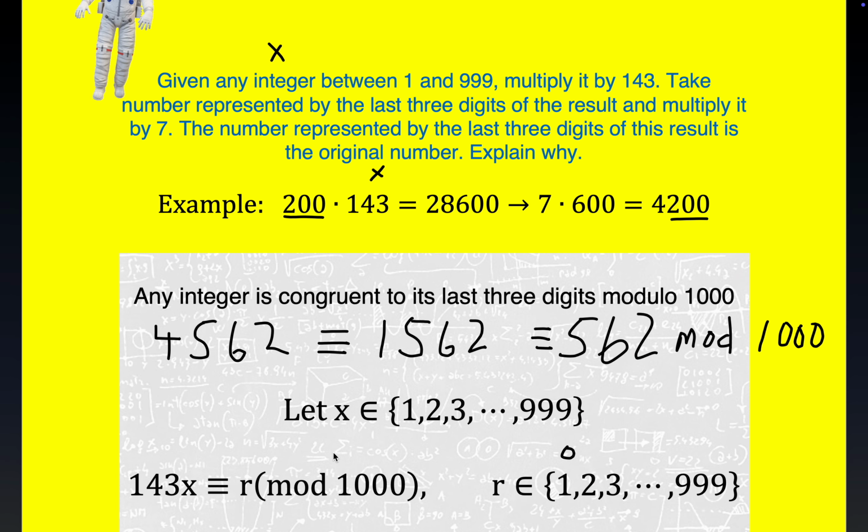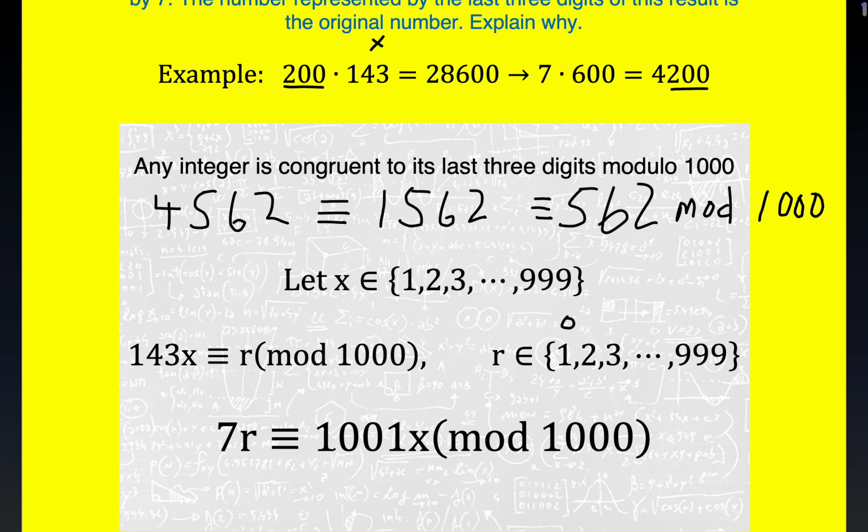Now what do you think we're going to do next? We'll multiply by 7, because that's simply what the problem statement says to do. So we multiply this congruence by 7. You can multiply through a congruence just like you can multiply through an equality. Now, 7 times 143 is 1,001.